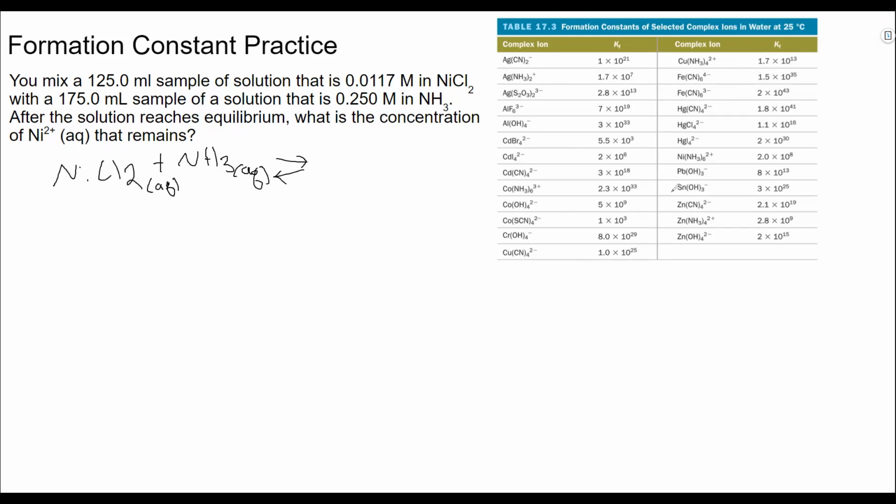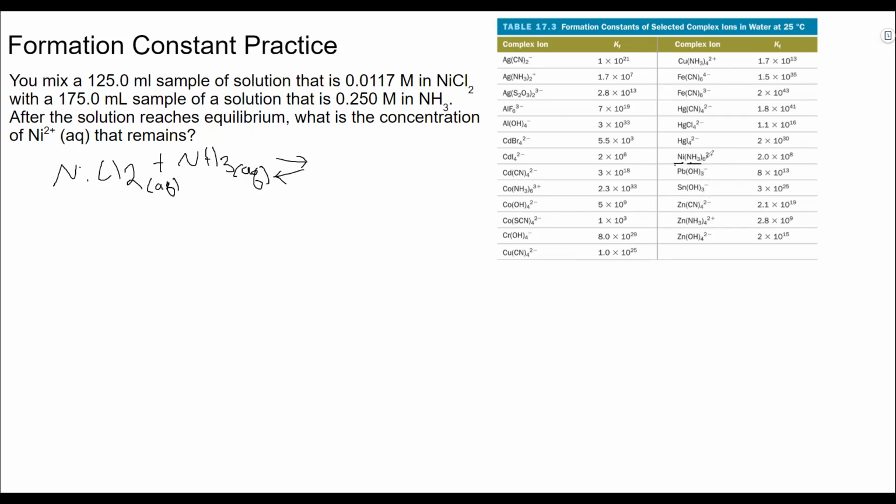That's when I need this table of KFs, or in the problem, you might actually be told what it makes. But I have a compound that's both nickel and NH3, right? So we can ignore the chlorine, and I know to ignore the chlorine, one, because it's not in my table. Two, I'm looking for a compound that has NH3 in either nickel or chlorine.